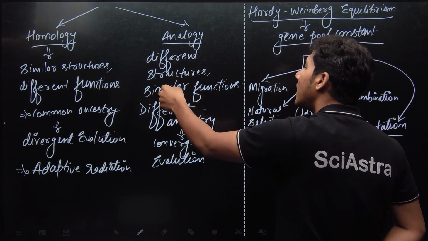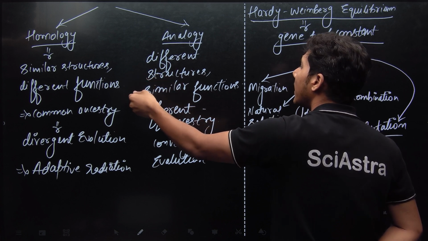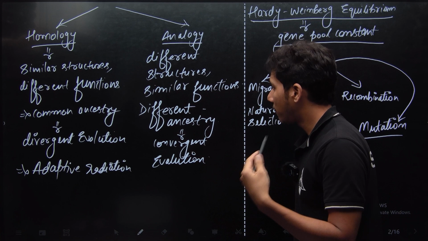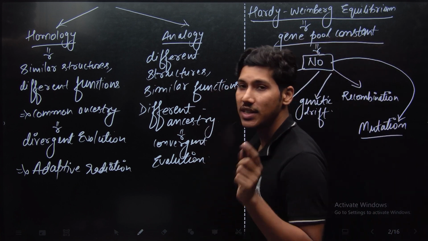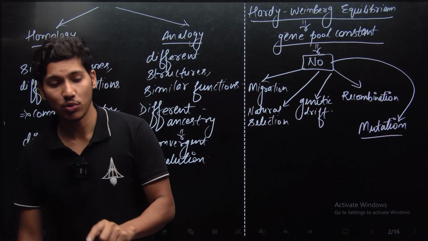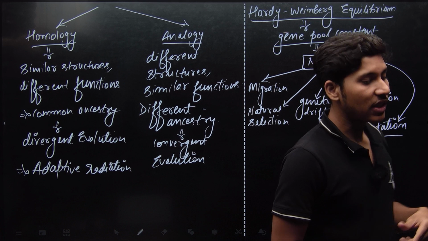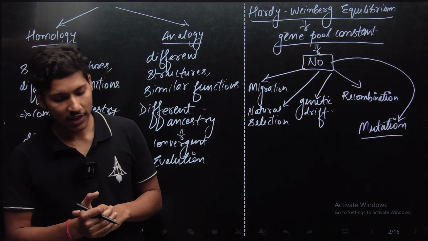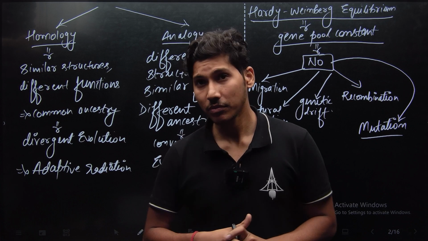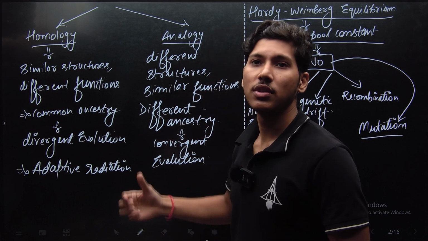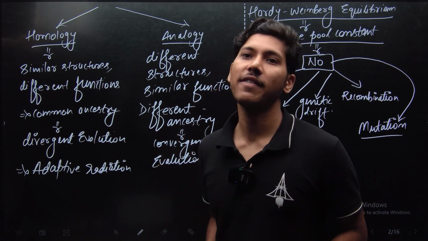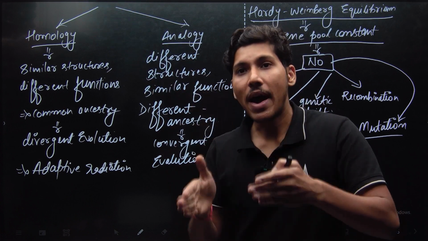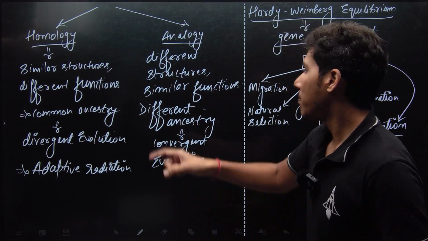But due to living in the same ecological niches, they start to perform similar functions. And analogy is an example of convergent evolution. Like the wings of bats and the wings of birds, they are both used for flight, but they look very different. Their anatomical structures are very different because a bird is an ave and a bat is a mammal. Different ancestry, but same function.